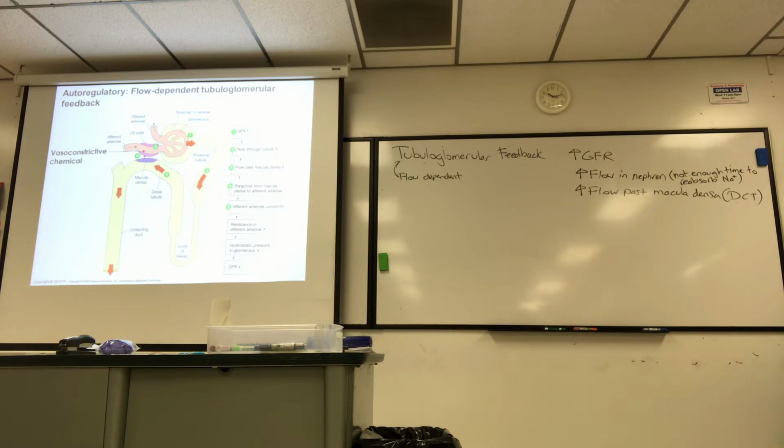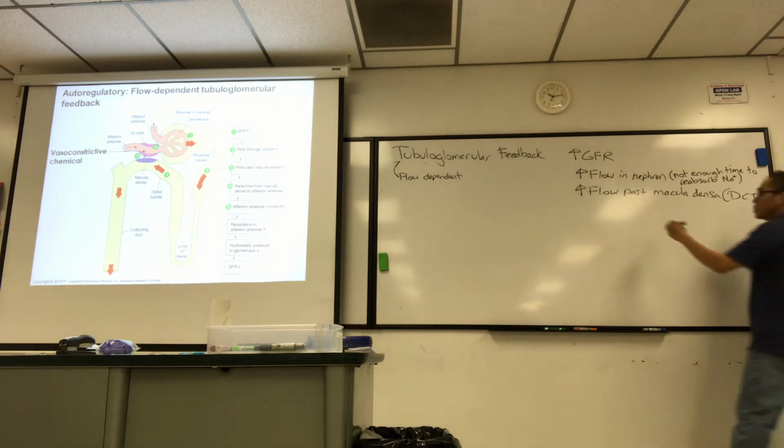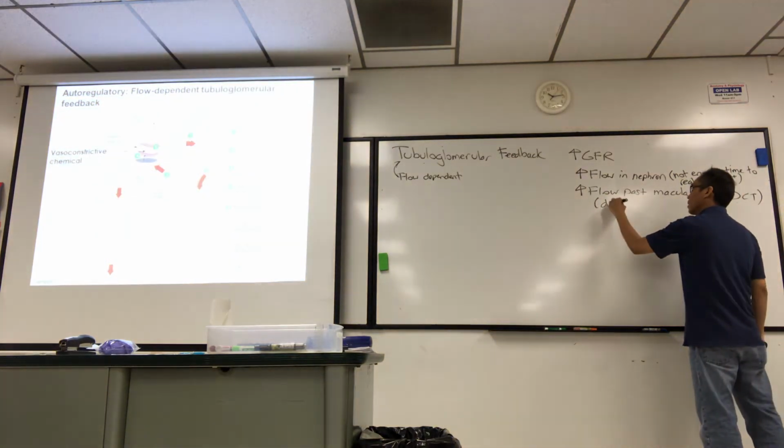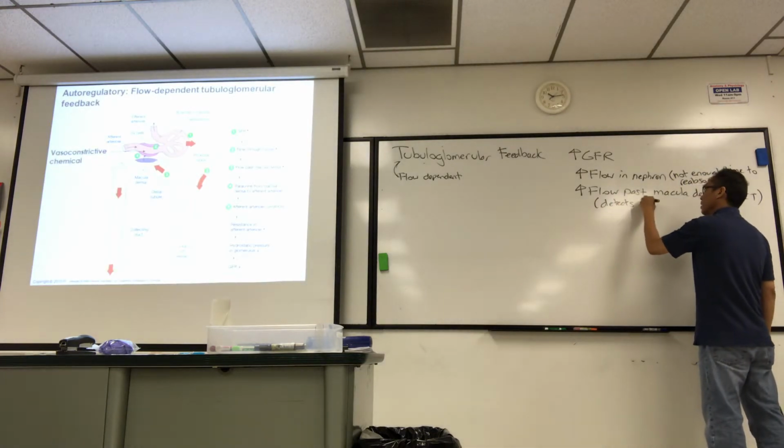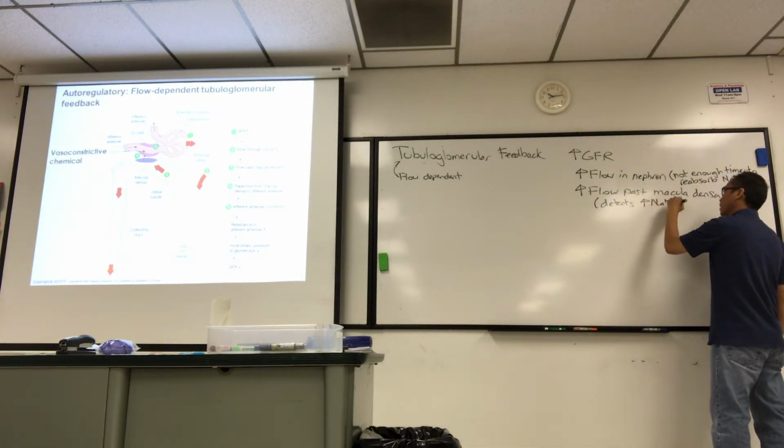So when that filtrate flows past the macula densa, it can detect that. It will detect there's increased amounts of sodium in the filtrate at the macula densa. Those cells are sensitive to the salt levels. Detects increased sodium in filtrate.